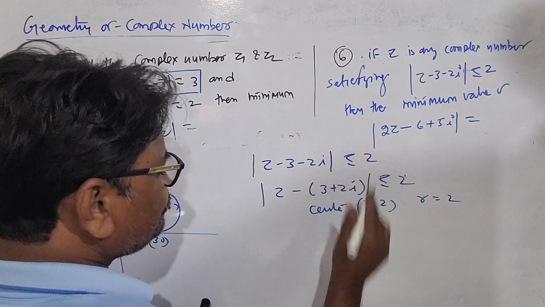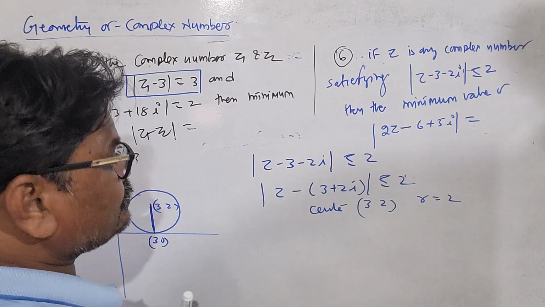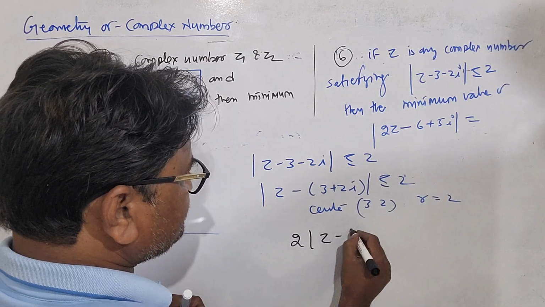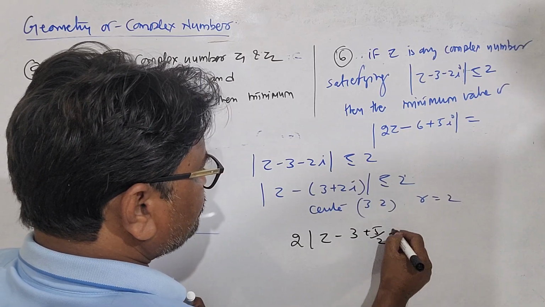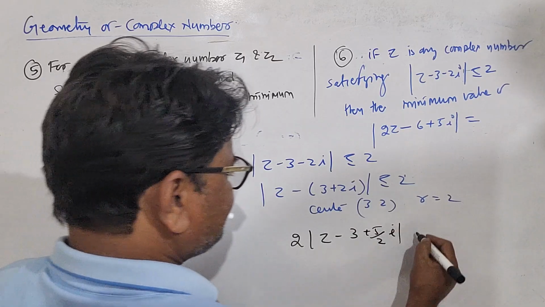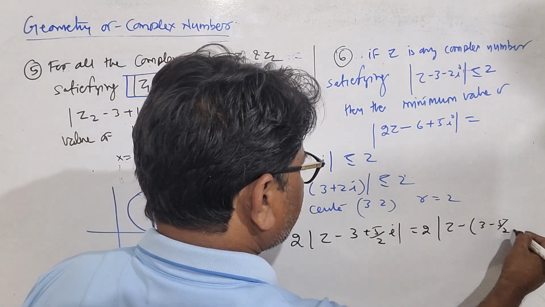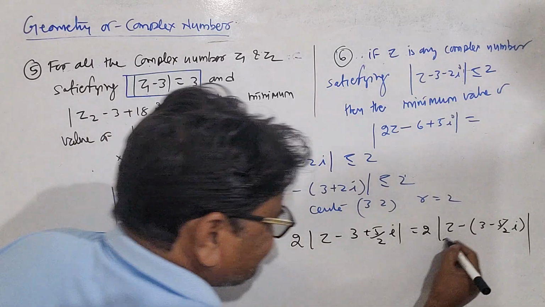What is this 2 doing here? So let's remove this 2. I can take 2 common. So this is |z - 3 + 5/2 i|, which is 2 times |z - 3 - 5/2 i|. Now this represents the distance.